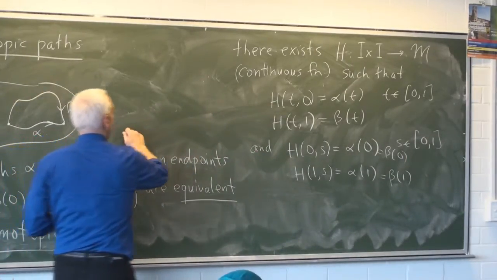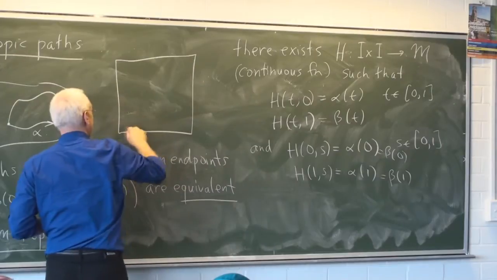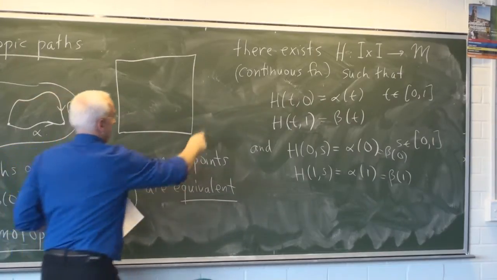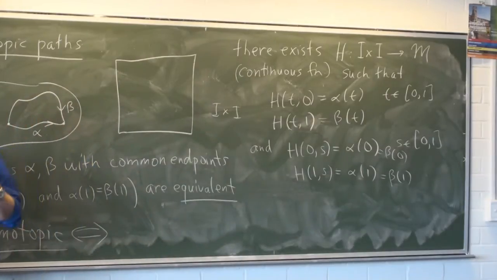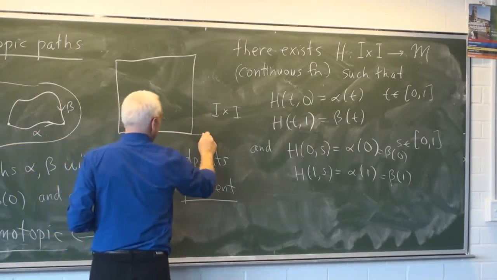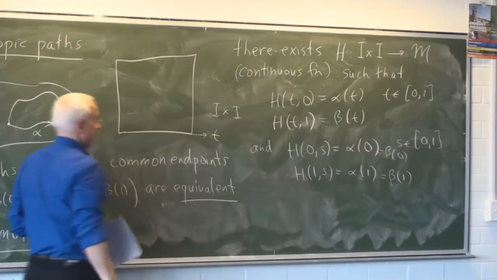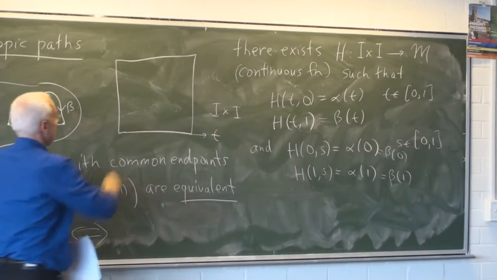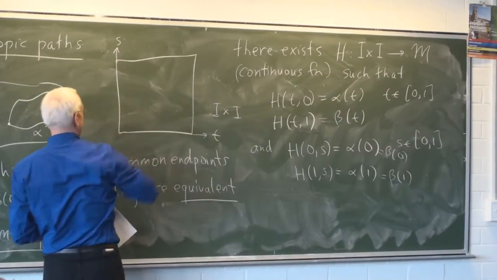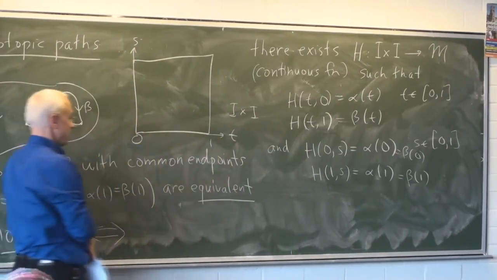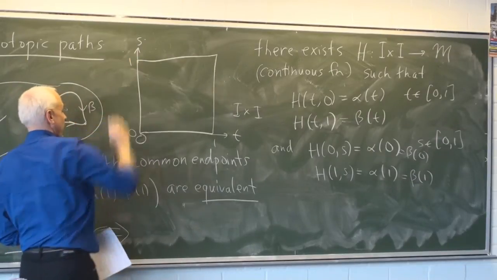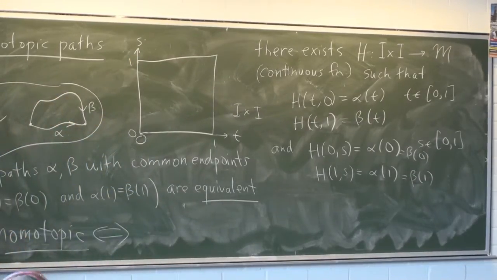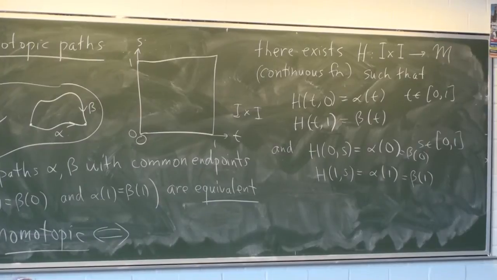And the picture is in terms of a square. This is a picture of the interval across the interval, which is a square. The usual agreement is that we consider the first entry to be t, and the second entry s. So t is going from 0 to 1, and s is also going from 0 to 1.